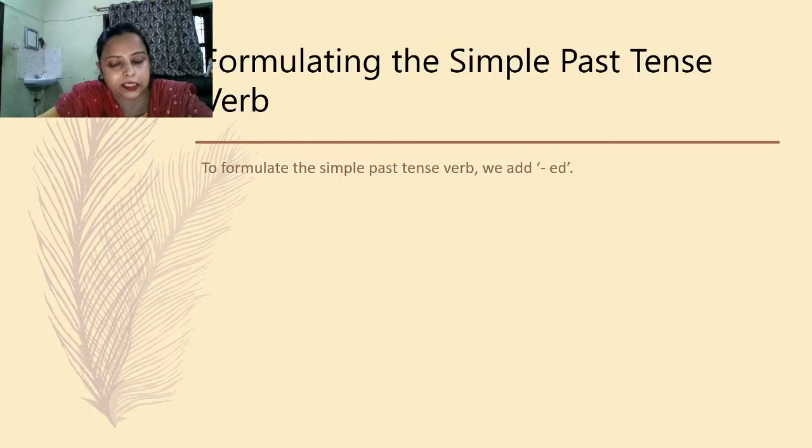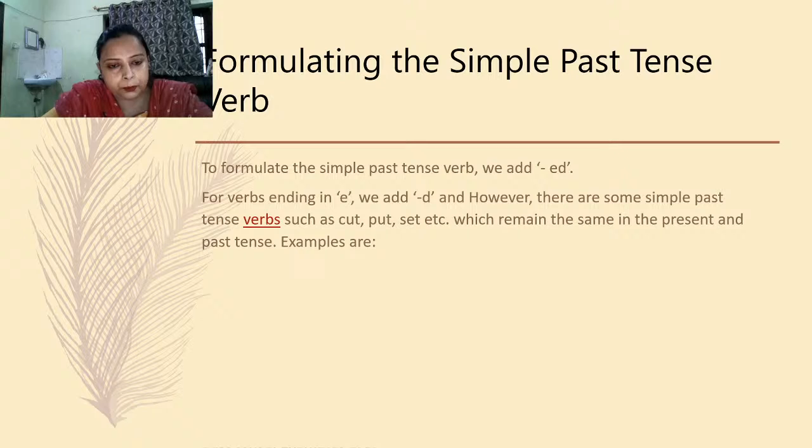To form it, we need to add ed. Children, please pay attention. For example, for verbs ending in e, we add d. However, there are some simple past tense verbs such as cut, put, set, which remain the same in the present and the past. They do not change and we don't add ed to them.